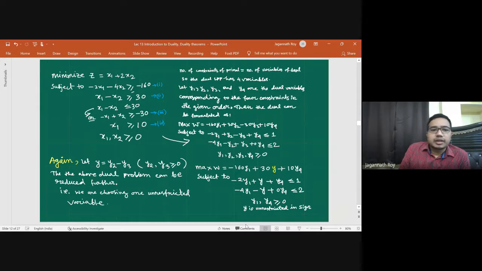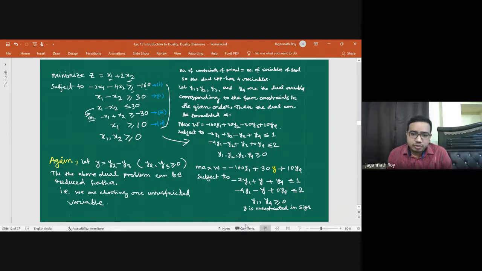Then we can see that there is an unrestricted variable. For an unrestricted variable, we will see what will happen. Since the number of constraints is 4, the variables will be 4, and the original variables are x1 and x2.